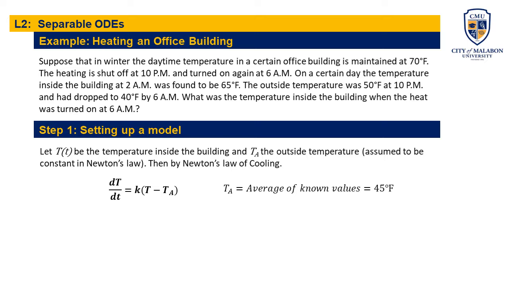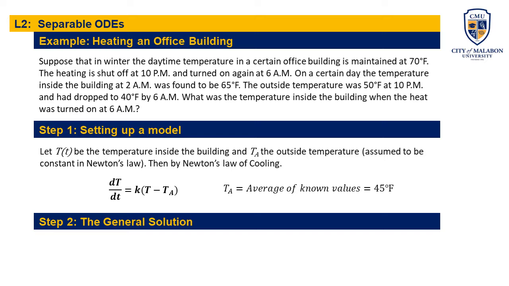The principle behind this 45 degrees Fahrenheit is that if the problem is described as unsolvable, we will try to solve a simpler one. Since we have an unknown function for the outside temperature, we'll replace it by the average of known values. So this is our first assumption for this problem.